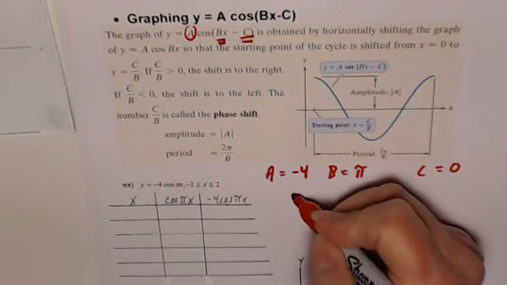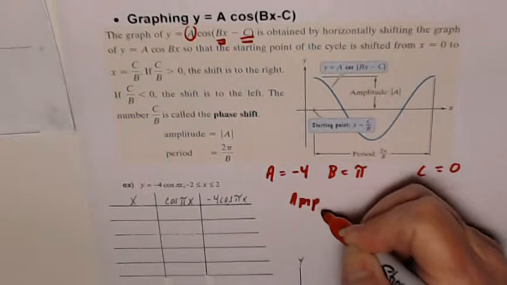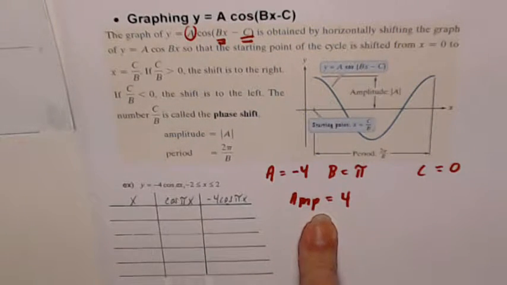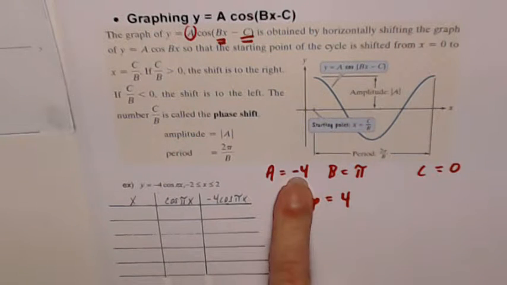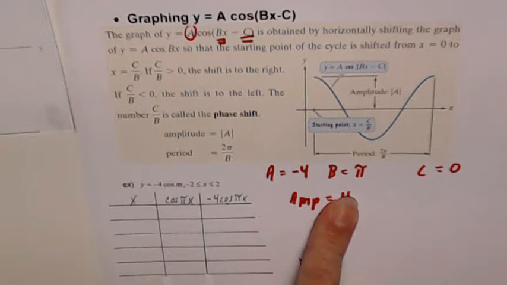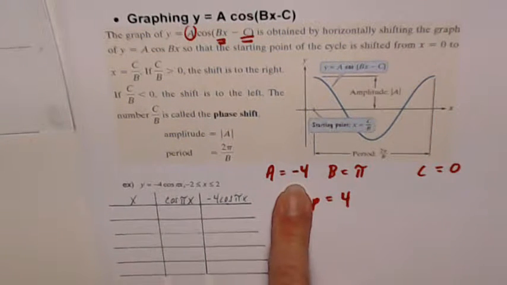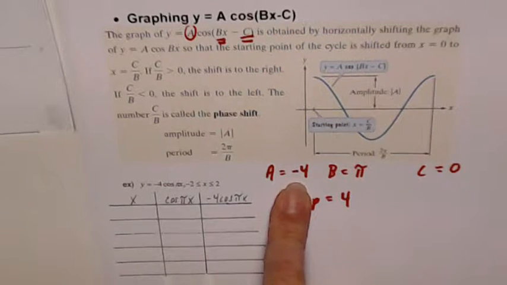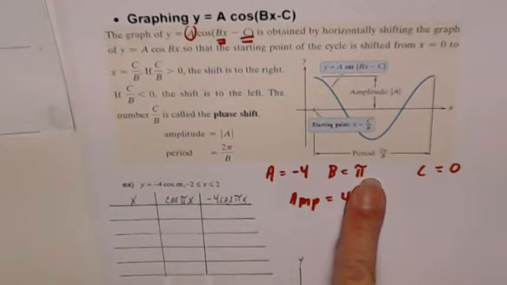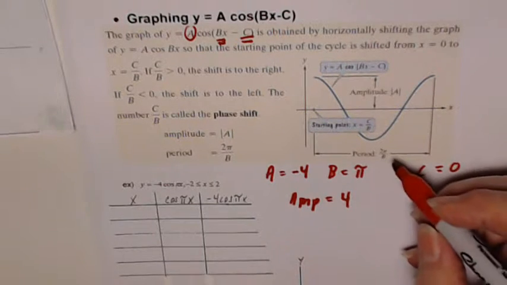So our amplitude is going to be 4, the absolute value. And then this negative sign tells us that we have a reflection here. Instead of going down initially, we're going to be going up. Now, let's use this B to find our period.